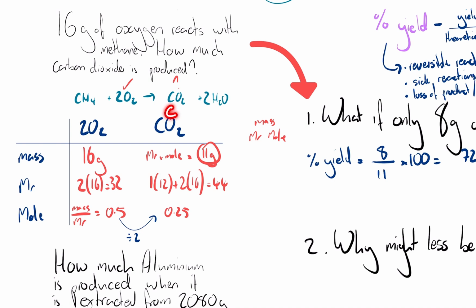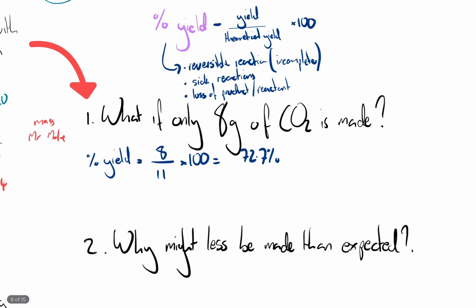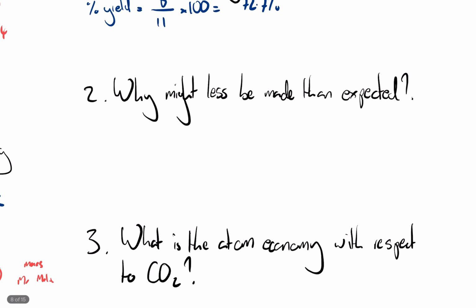So there we might have some carbon produced, or we might have some carbon monoxide produced instead. And again, we could talk about the others as well, but this is the main bit where we've got a bit of insight into the equation.